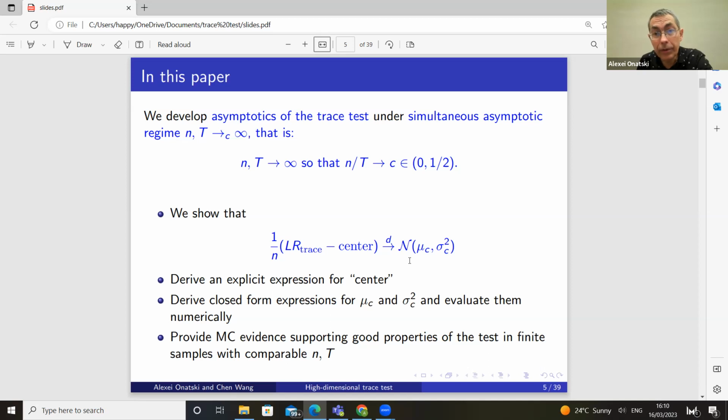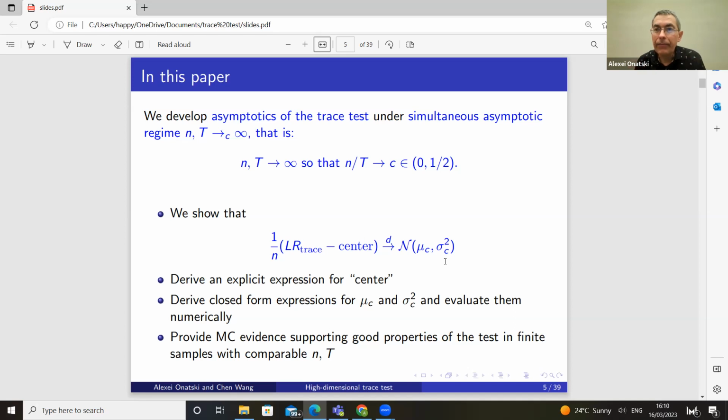It will be a normal distribution with some particular mean and some particular variance. This mean and variance can be explicitly computed, and we get explicit expressions. These expressions are quite complicated, but relatively elementary. You can program them in MATLAB and tabulate.